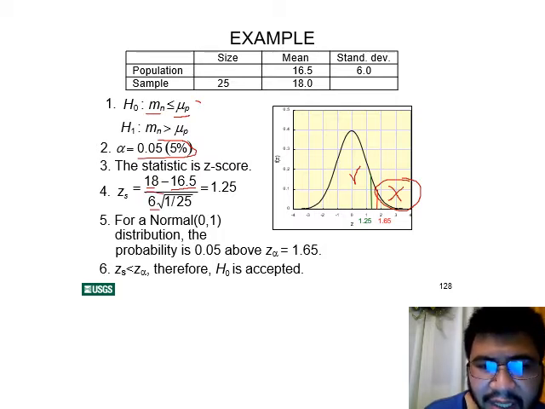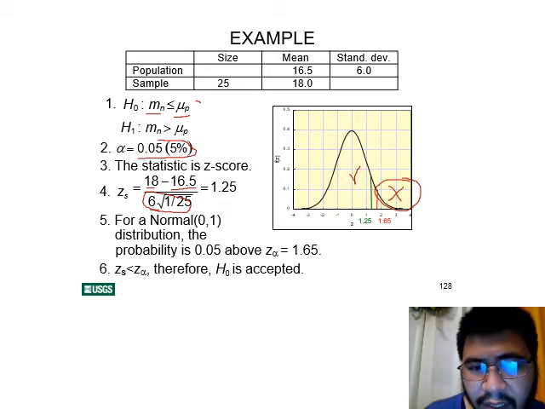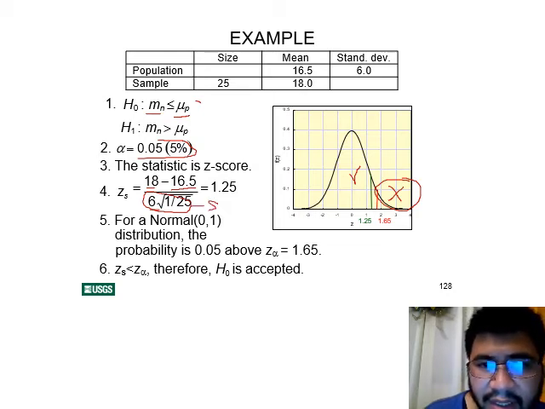This is basically your standard deviation, and we get this value.